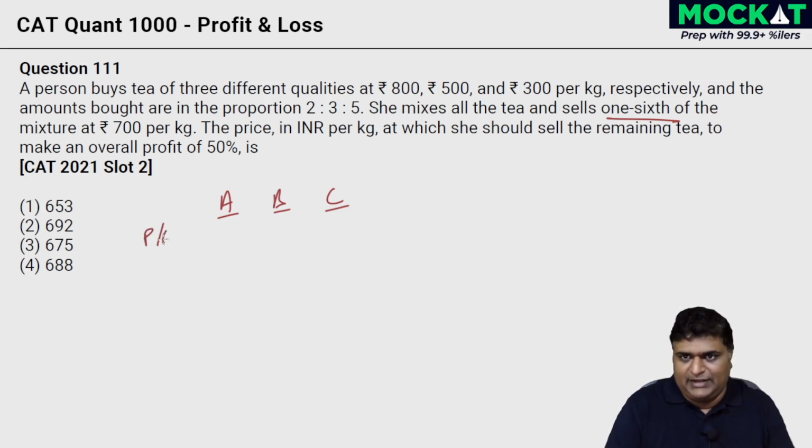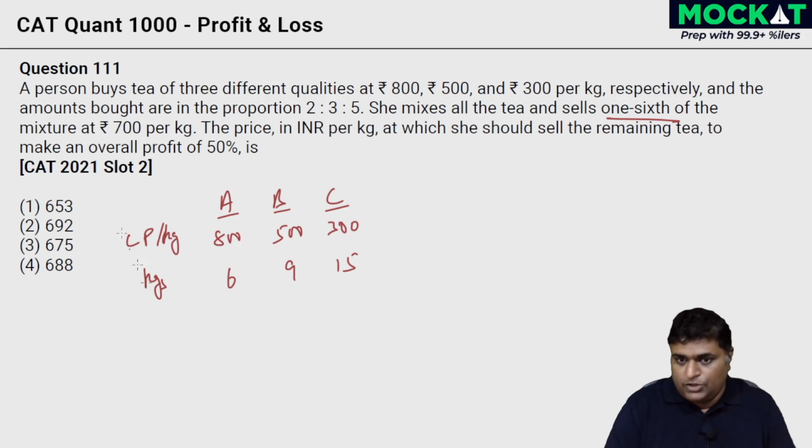Price per kg, buys. So therefore CP per kg is going to be 800, 500 and 300. The number of kgs over here, I'm going to multiply each of them with 3. 2 into 3 is 6, 3 into 3 is 9, 5 into 3 is 15. So the ratio is 2:3:5.